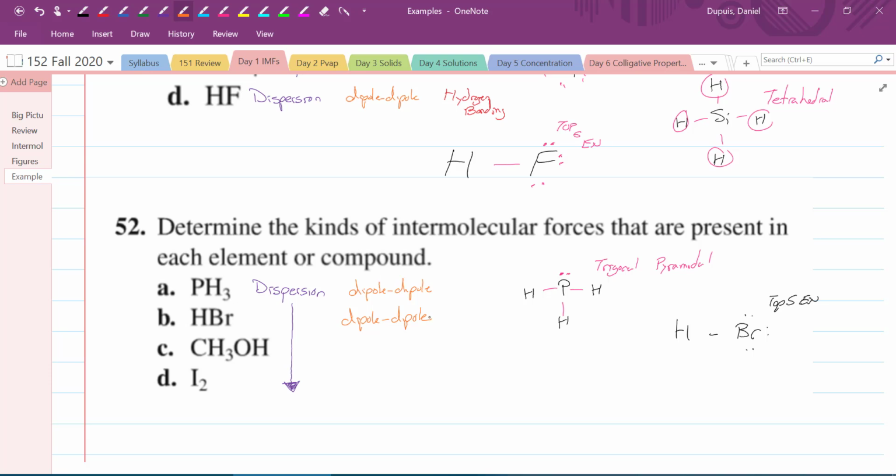It can get confusing. So it's a hydrogen bond, but it's not the hydrogen bonding intermolecular force. Bromine is bonded to hydrogen intramolecularly, but not intermolecularly. I know, it's fun. So that is a polar bond, so it's dipole-dipole. Methanol, CH3OH.